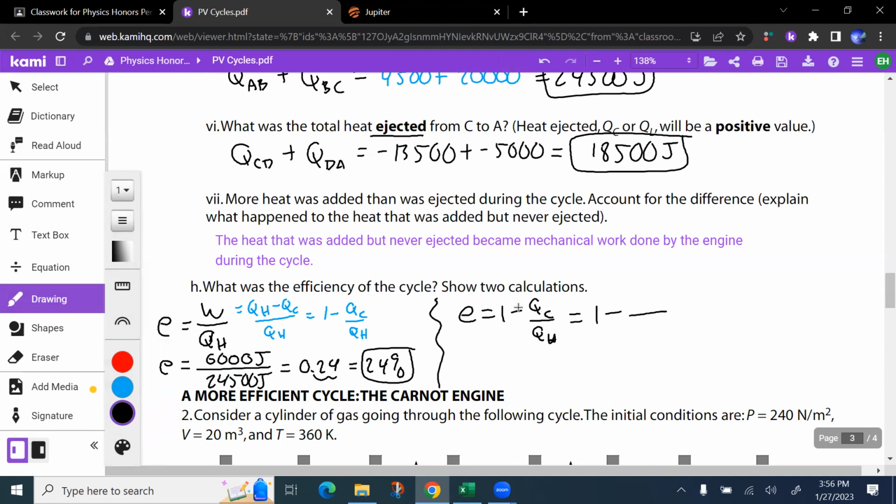So 1 minus, and now QC is the heat going out, 18,500 over 24,500. So if we divide those two, and then go 1 minus that, we're going to get the same value, 0.24, or 24% efficient.